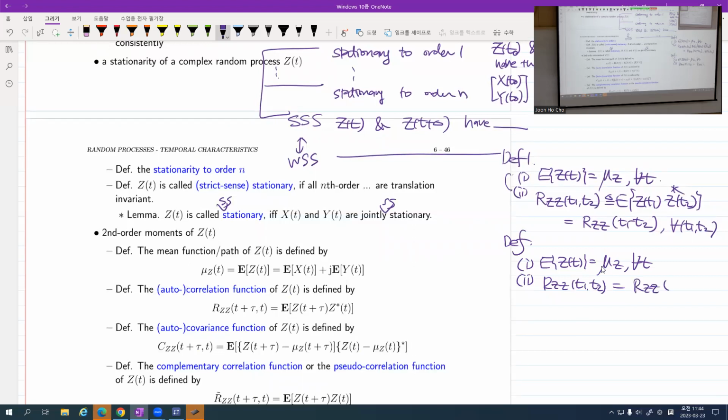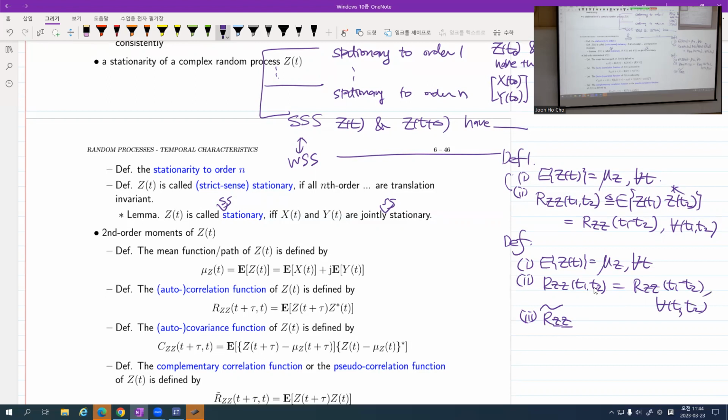There exists a single variable function that is a function of time difference. And the third one is that you take the complementary autocorrelation function that does not have conjugation.